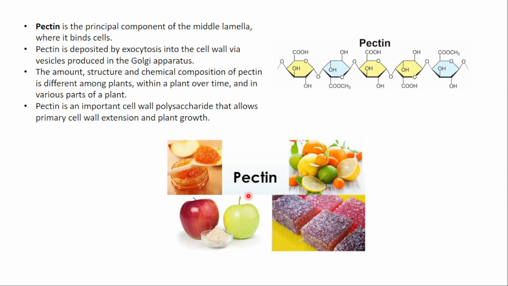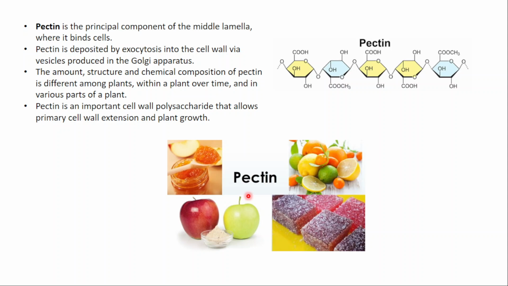Is it clear to the students? Galacturonic acid is the component of pectin. We learned about galacturonic acid, how it looks, pectin and its function, and where it occurs. That brings us to the answer to the question that galacturonic acid is associated with the pectin polymer.